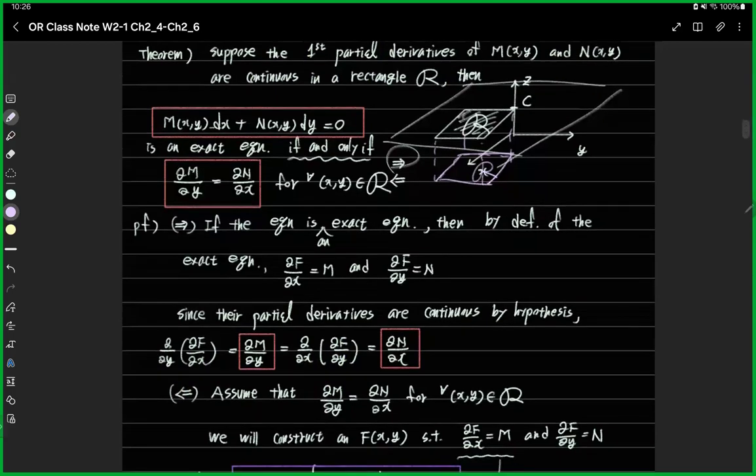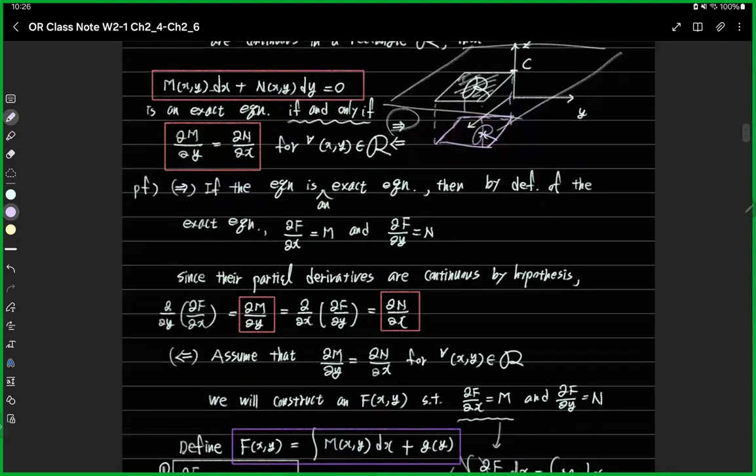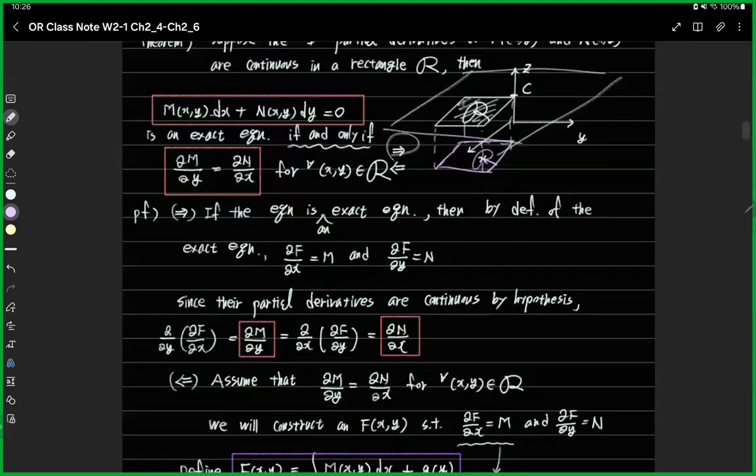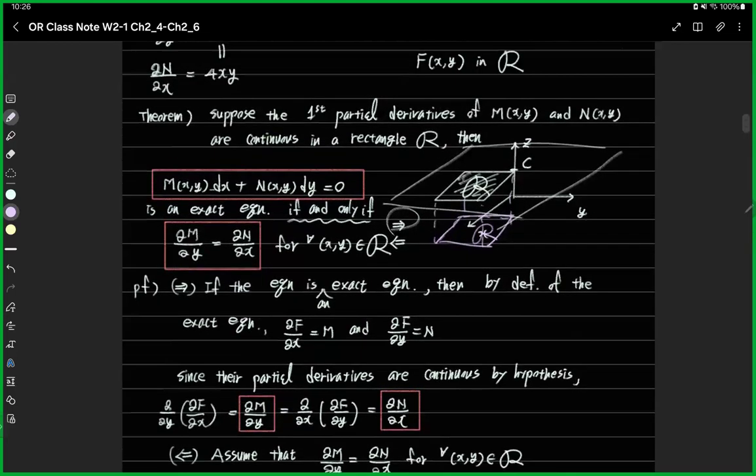Okay, and let me prove the other way. Assume that the partial of M with respect to y equals the partial of N with respect to x. We need to show that this is exact. How can you show that? M must be the partial of f with respect to x, and N must be the partial of f with respect to y, which means that we need to find f.